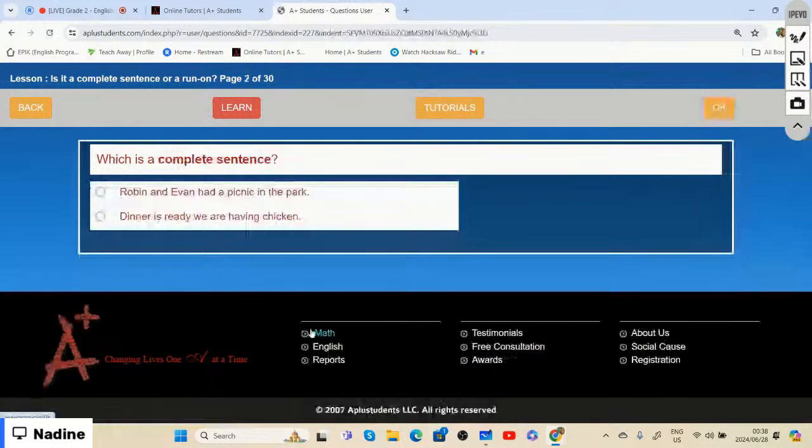All right. Which sentence shows a complete sentence? Remember, a complete sentence has both a subject and a verb. Is it option one, which says Robin and Evan had a picnic in the park? Or option two, dinner is ready, we are having chicken?